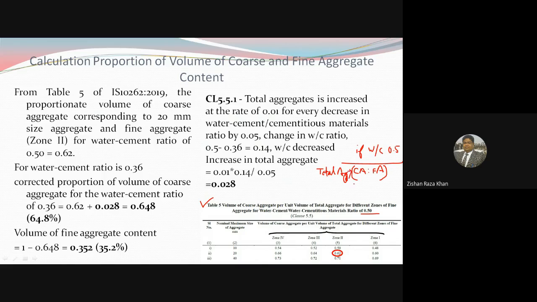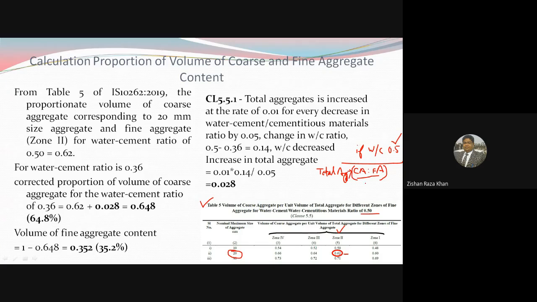So let us find out first this. We have maximum nominal size aggregate of 20 mm. So for zone 2 we are using zone 2 sand, and the ratio will be 0.62.